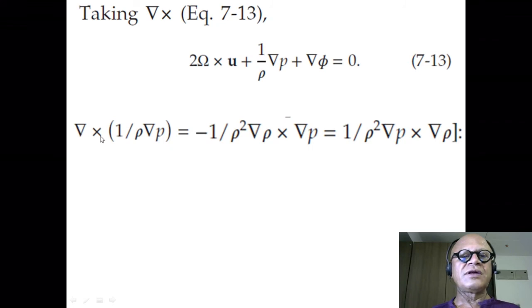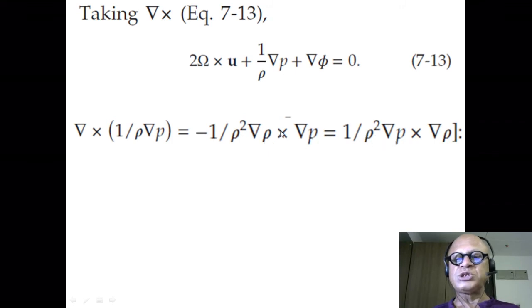So grad curl of this term is minus 1 over rho squared grad rho. So if you do grad curl of this, you will get minus 1 over rho squared grad rho cross grad p.